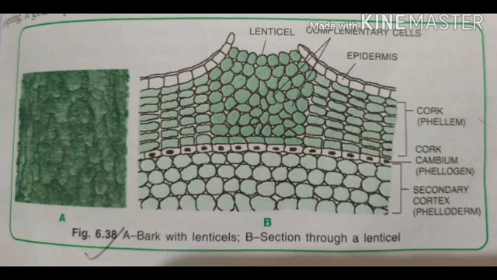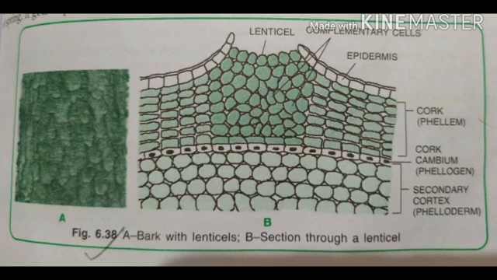So instead of producing dead cells, the cork cambium, which is also known as phellogen, forms a loosely arranged mass of oval or spherical cells with intercellular spaces, as you can observe here. This is also known as complementary cells. So complementary cells are the cells of the cork cambium and they are parenchymatous cells with intercellular spaces present in them.